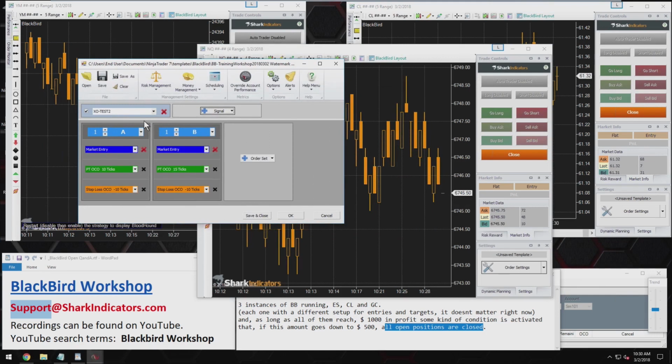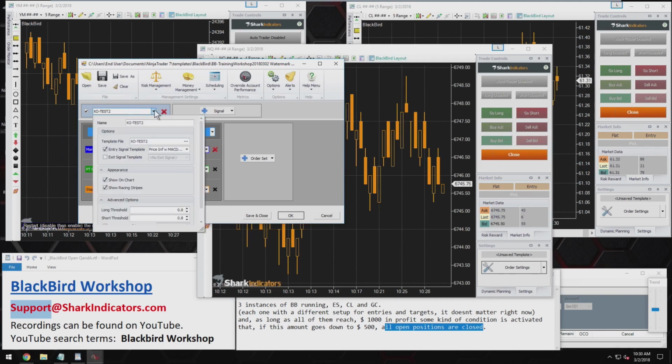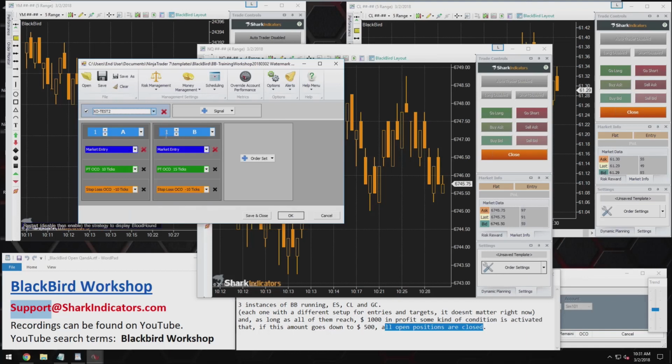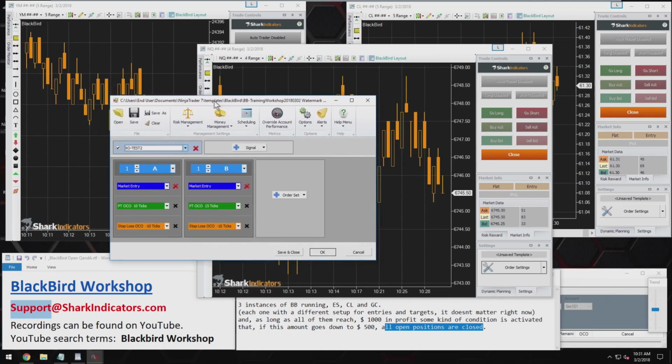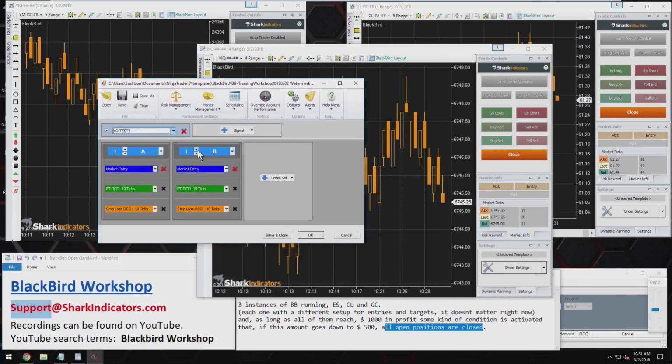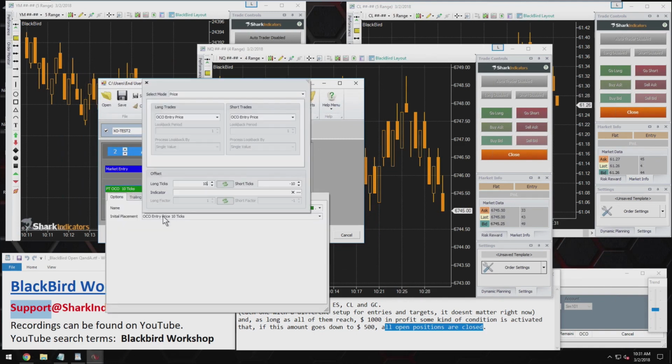Now, you can have different settings. So all your Blackbirds can be set up completely differently. For example, you can have different BloodHound templates loaded, right? You could have different BloodHound signals loaded into Blackbird. You could even, let's see, this is the NQ. You can even have different number of contracts running, different profit targets.